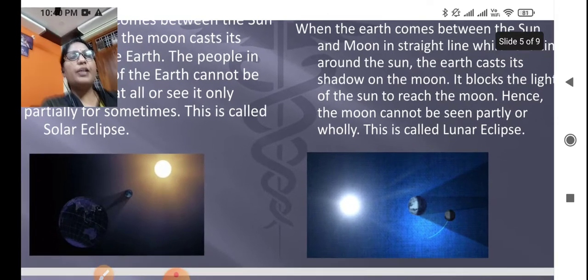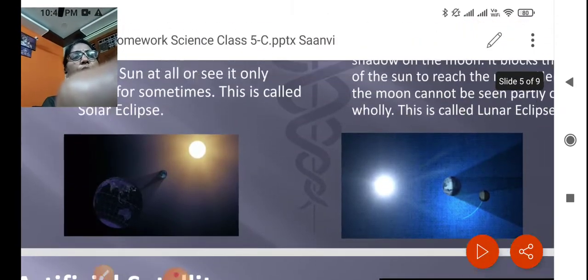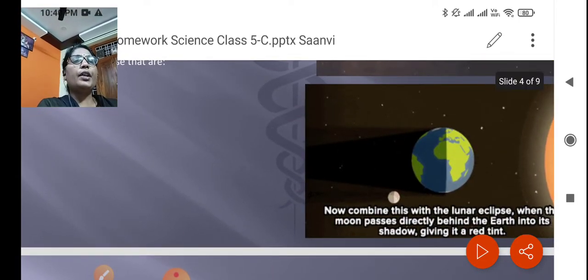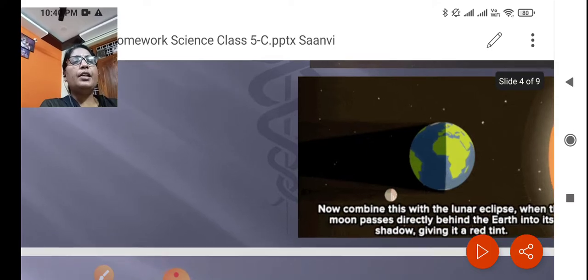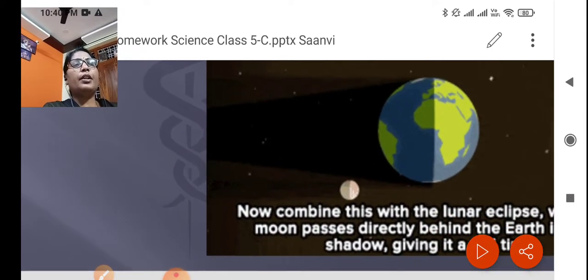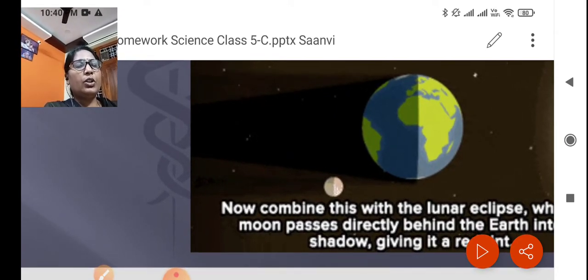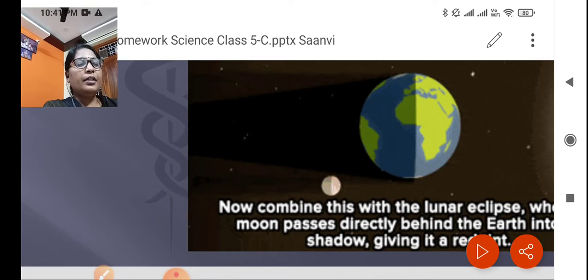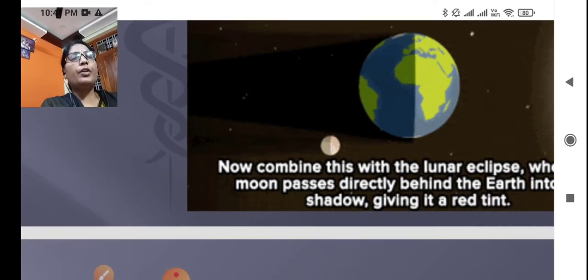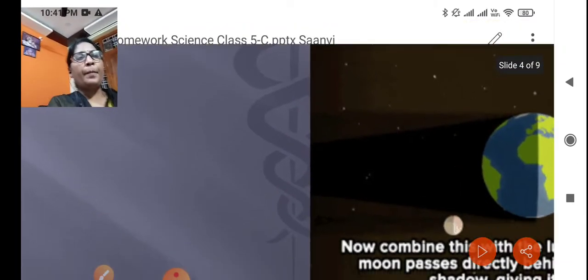You can see in this picture how umbra and penumbra are formed. Where the light is blocked, that is called umbra, and where some light is falling, this is called penumbra. Umbra and penumbra are formed in a lunar eclipse.